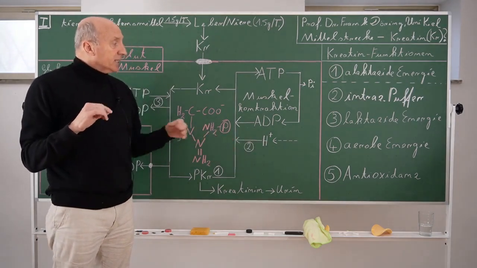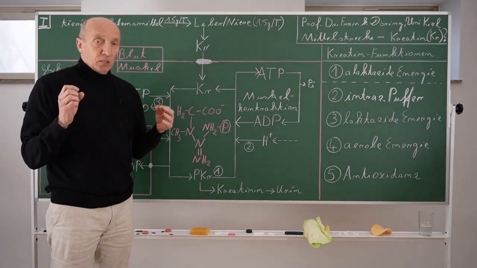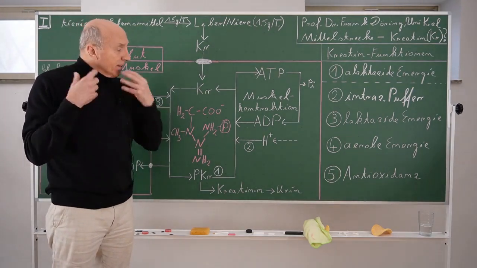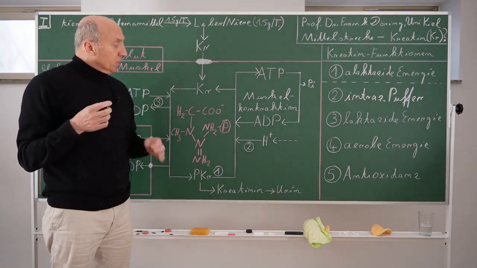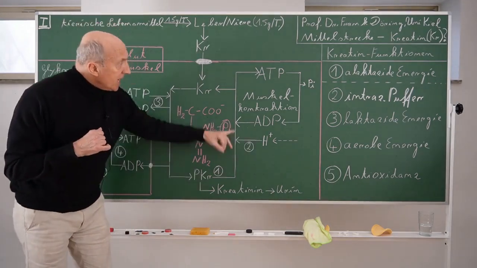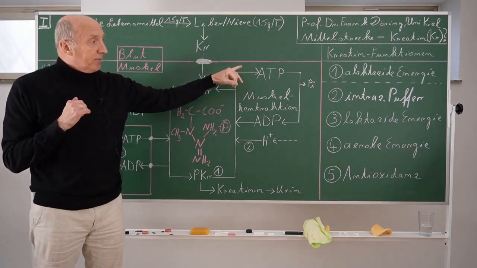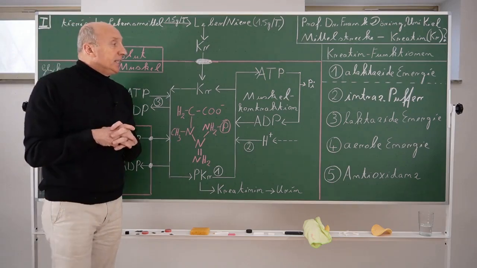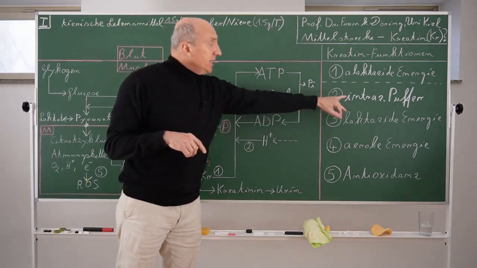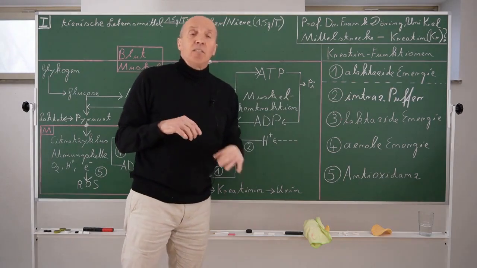This means that the hydrogen ions produced in the course of muscle contraction, that is acidification of the muscle, are buffered by this reaction. And this is already the second function of creatine, namely that creatine serves as an intracellular buffer.